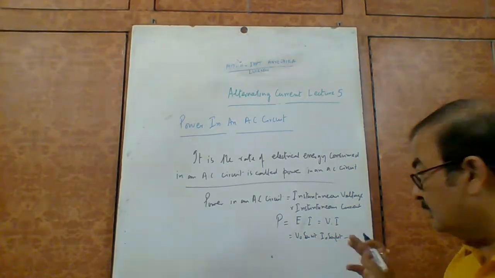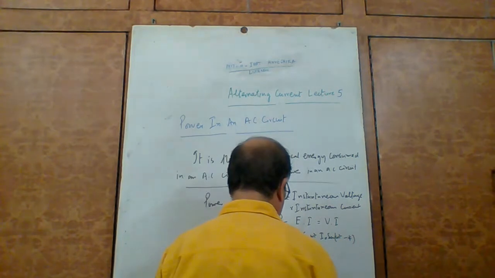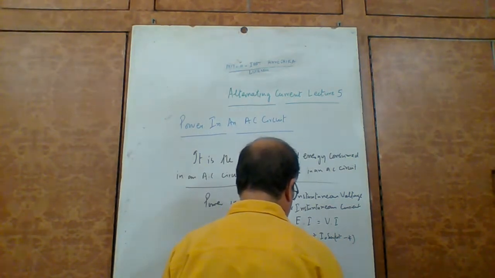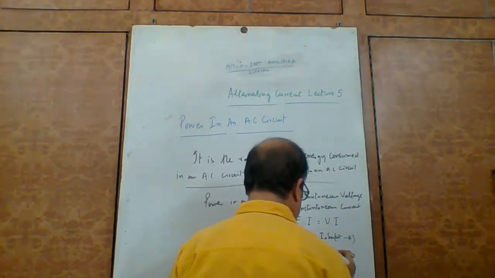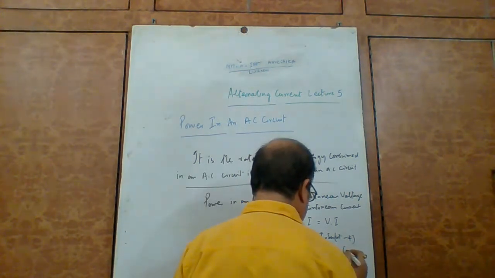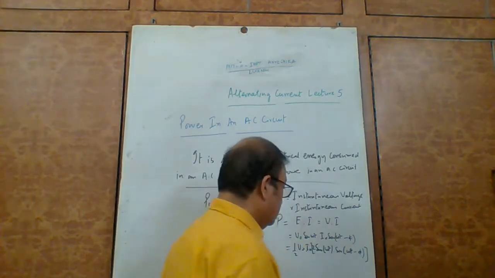Okay, this is the general thing. This can be written like this: half V naught I naught, 2 sine omega t sine omega t minus phi.